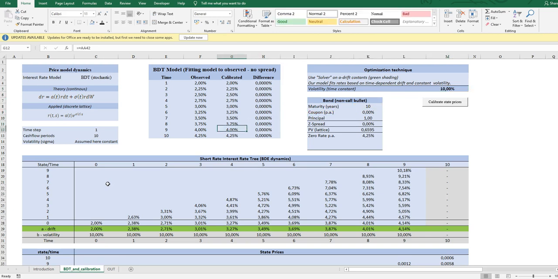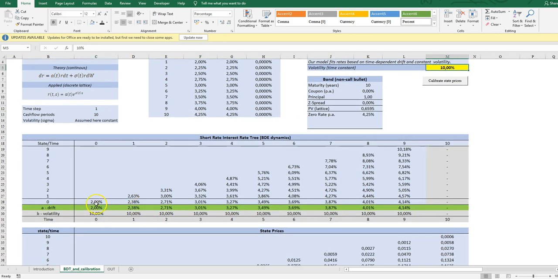So first we have to observe the current term structure of yields, and I have it here, starting from 2% on a 1-year maturity to 10-year. And this is all the input we need right now, along with the 10% in volatility.